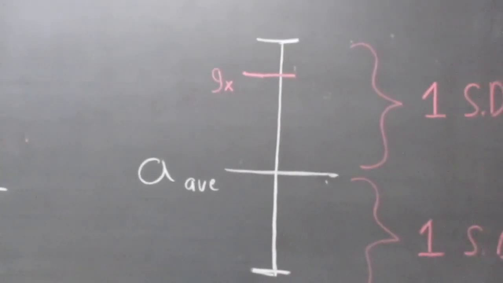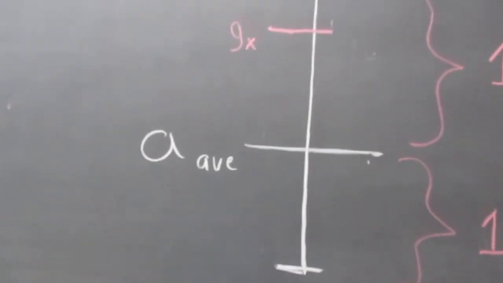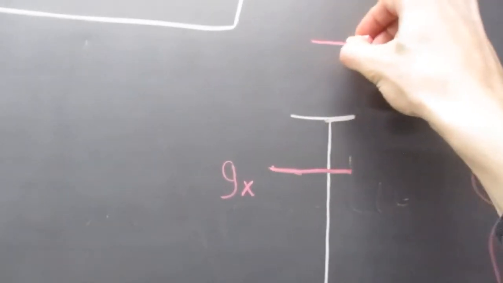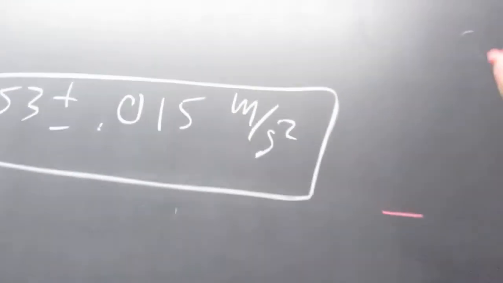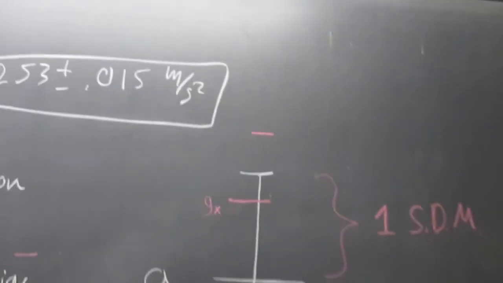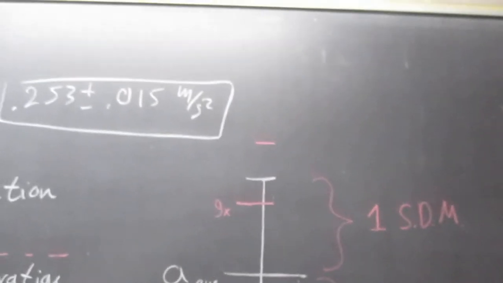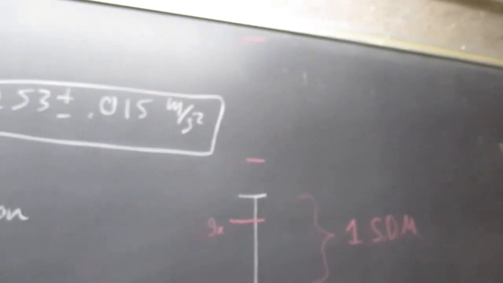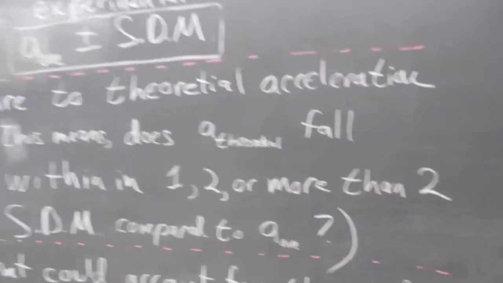If it falls within one standard deviation, we say they agree. If it falls within 2, which is somewhere up here, we say it's questionable. And if it's way out there, we say it does not agree. That doesn't mean it's wrong, it just means that the data points don't agree with each other. And that's how we're going to analyze this.